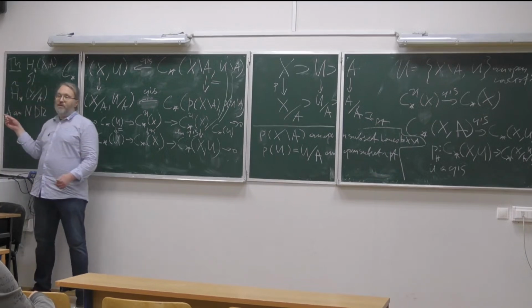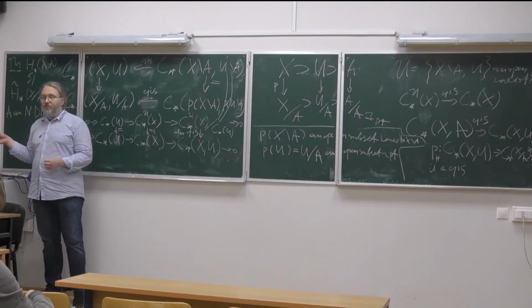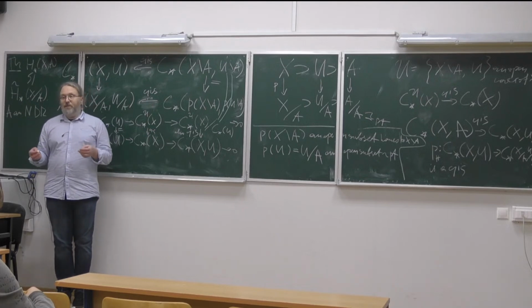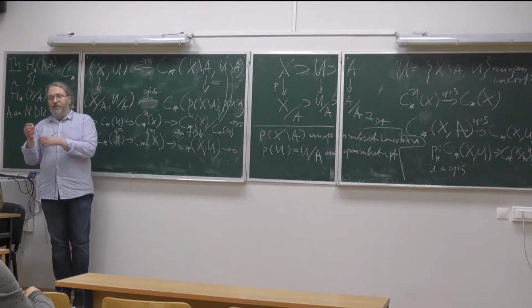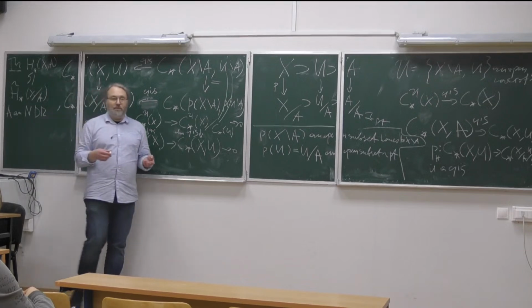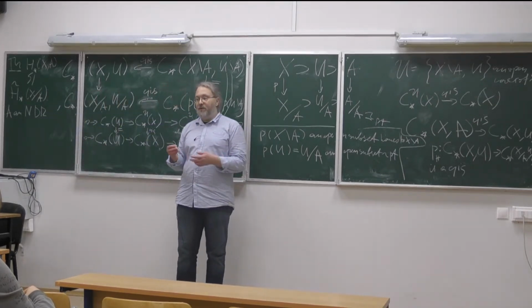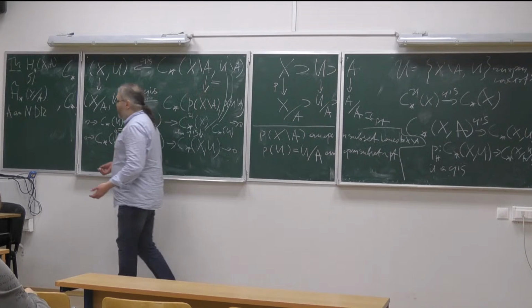All we need is there is a neighborhood U which is open, and such that the inclusion of A into U induces an isomorphism of the homology groups.